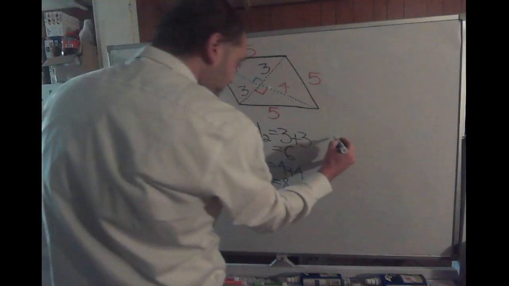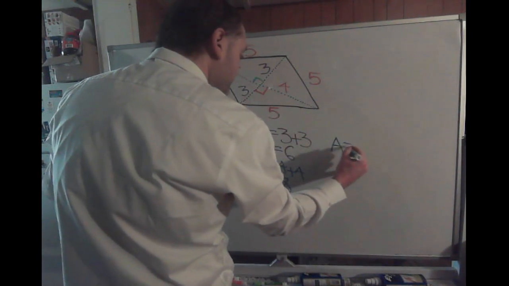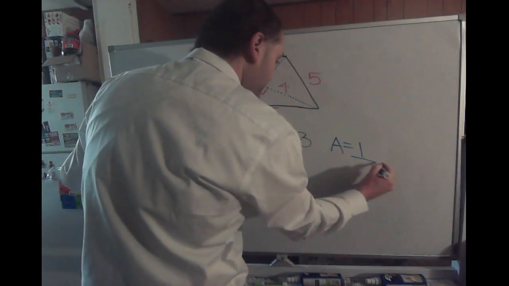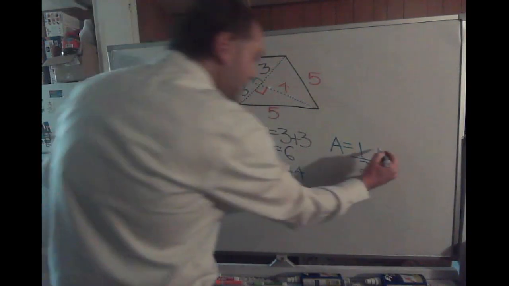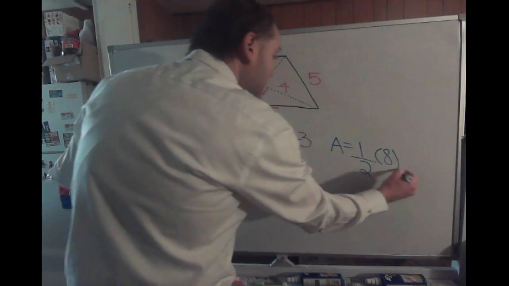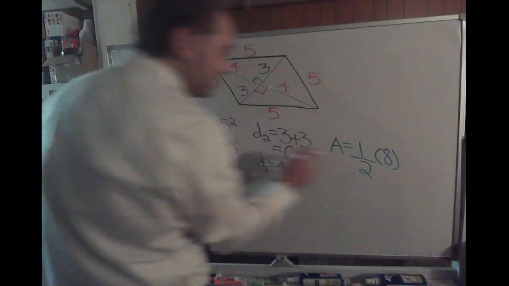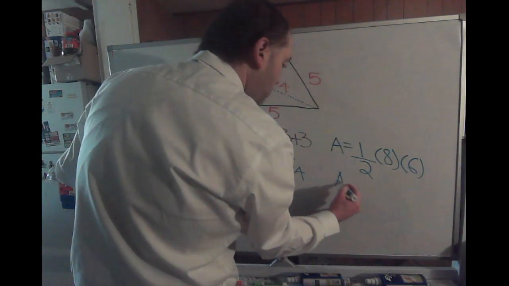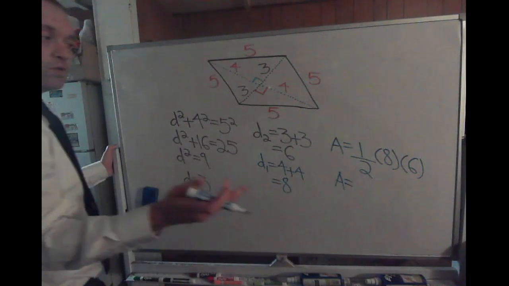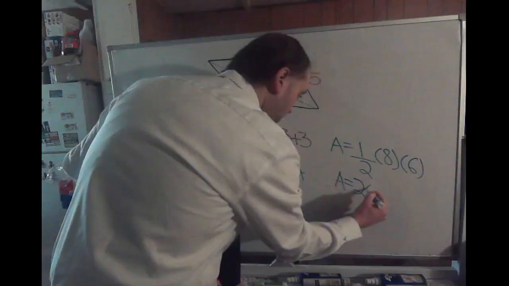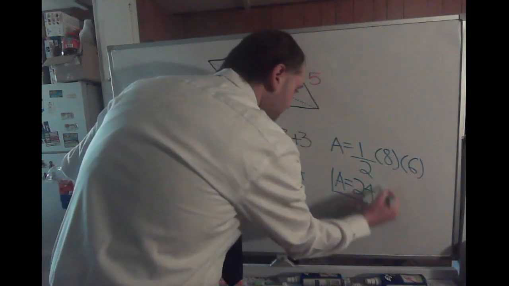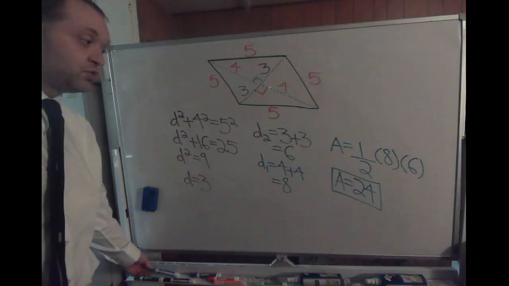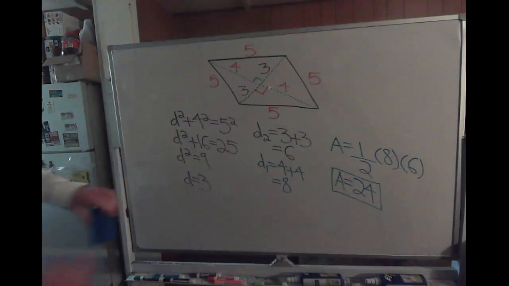So the area of this rhombus is going to be equal to half of the first diagonal with length 8 times the length of your second diagonal with length 6. Well, what is half of 8? That's 4, then times 6 is 24.